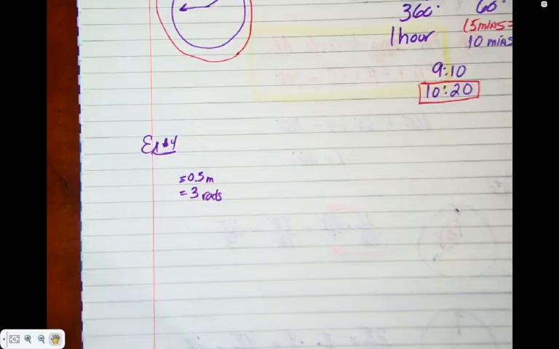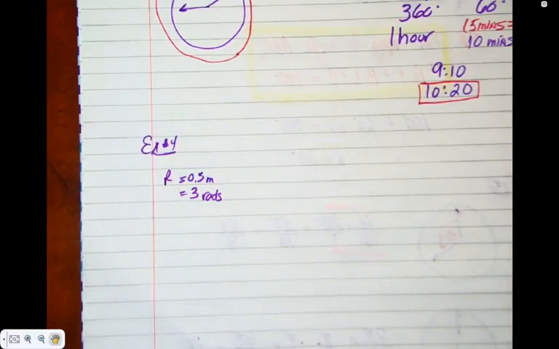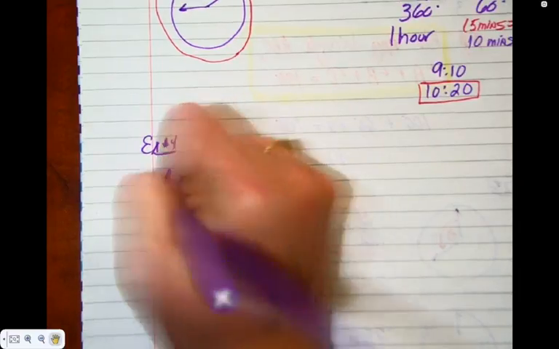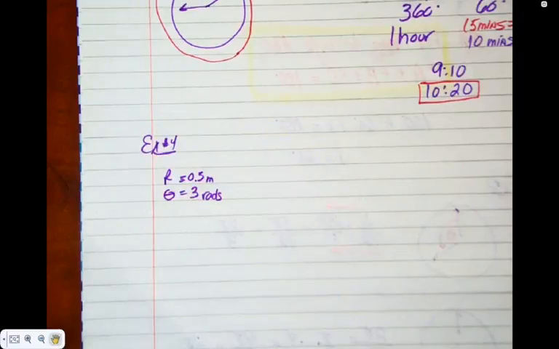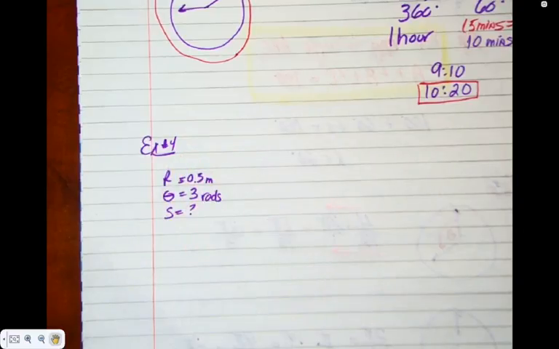Well, it says right in the question radius, so that has to be R. What is 3 rads? Rads is an indication it has to be an angle. Therefore, what's the only thing left? What are we looking for? Has to be S. That's a very left brain thing because we like things in steps. If that doesn't work for you, don't do it.